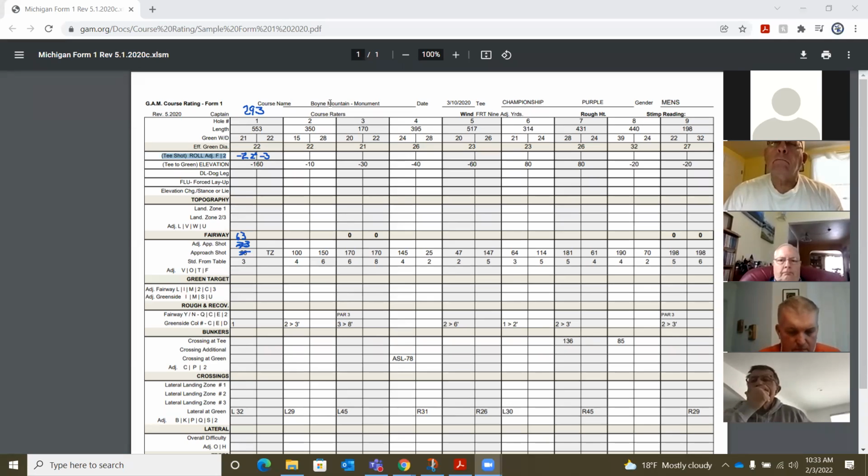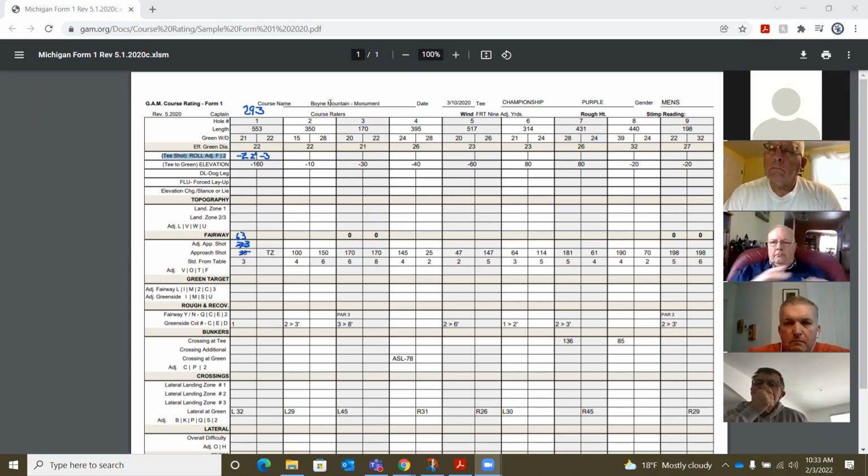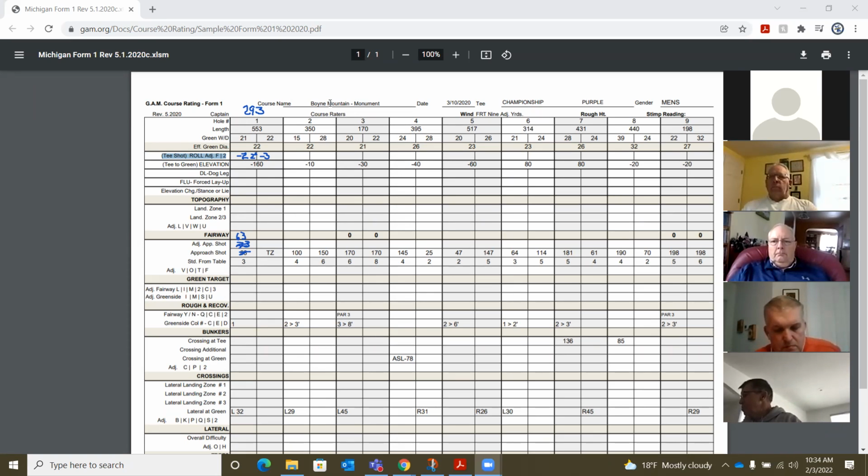There was another question about the roll adjustment because you're more likely using a lofted club, or what is the rationale? Basically what we're saying is that there are certain circumstances on the golf course that will make the ball roll outside of that 15 to 25 yard window. Typically, it's not necessarily the club that you're hitting. It's more the conditions that you encounter in that area, whether it's uphill, downhill, rough or fairway height.